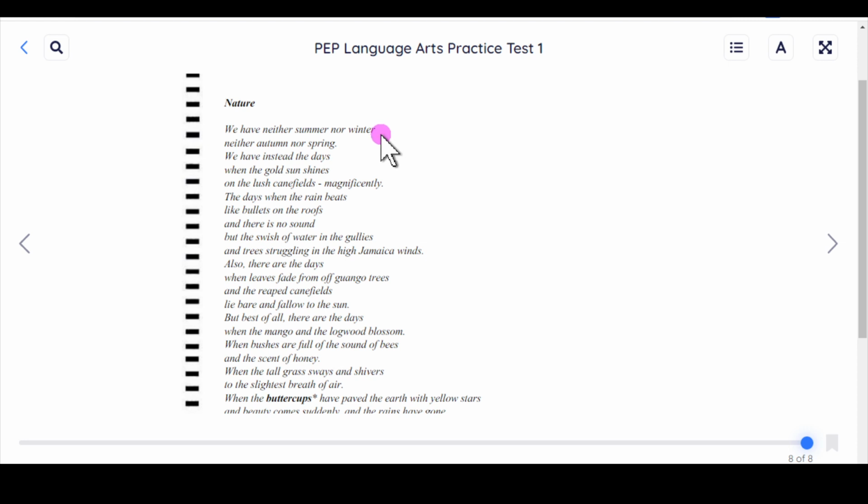This is social studies work, dealing with climatic zones. There are some places on earth where we have all of the seasons, so summer, winter, autumn, spring, those four seasons are distinct in the temperate zone.